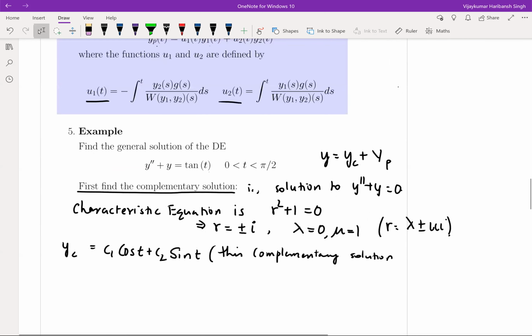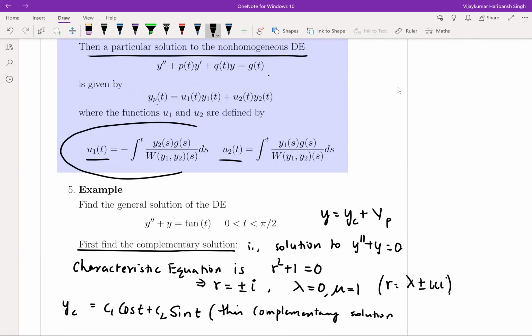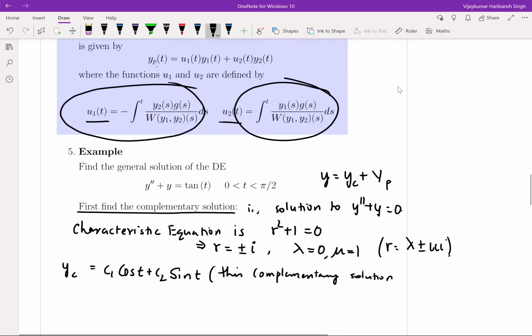So now we need to compute this, right? Let me write that down. What do we need to compute?